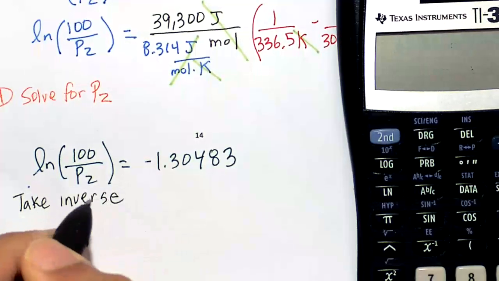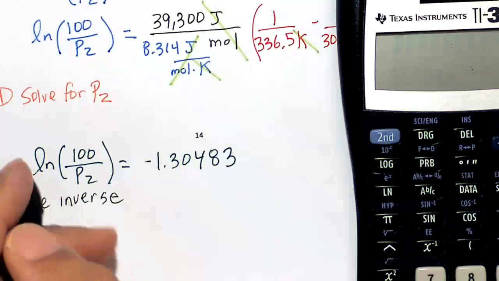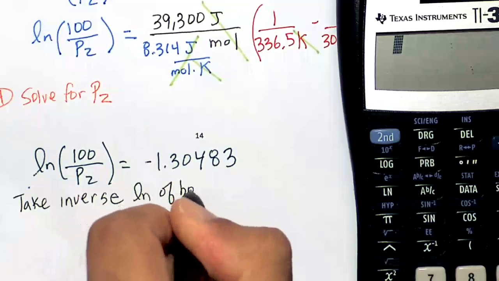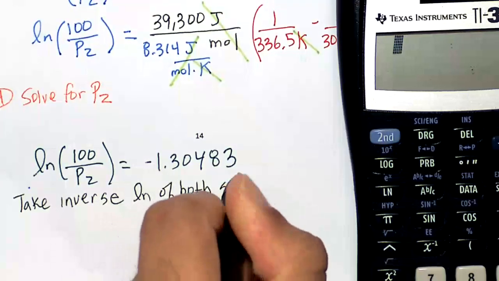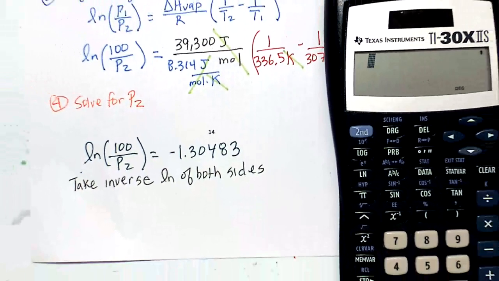So I'm going to say take the inverse natural log of both sides of the equation. Because what you do on the left-hand side of the equation, you have to do on the right-hand side of the equation. What is the inverse natural log called?